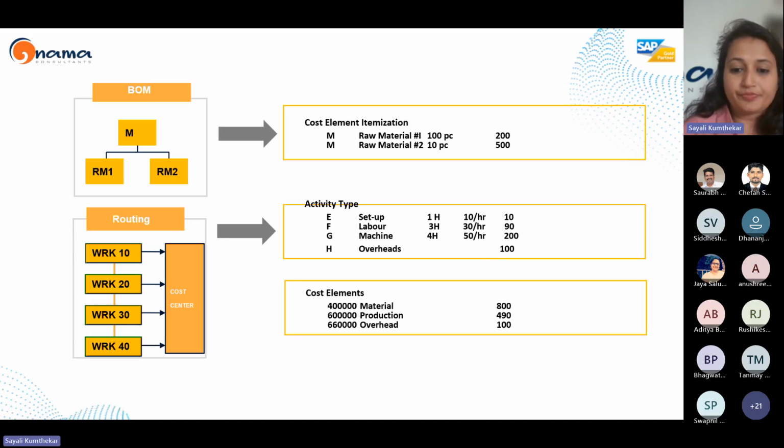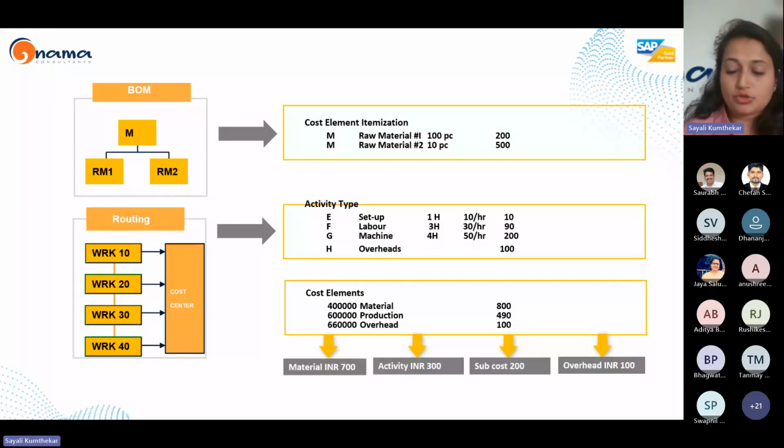So going ahead, now you can see the total material cost I have, and the total production cost is 490 and the overhead is 100. So now we can have the breakup. My material cost is 700. My activity is 300.